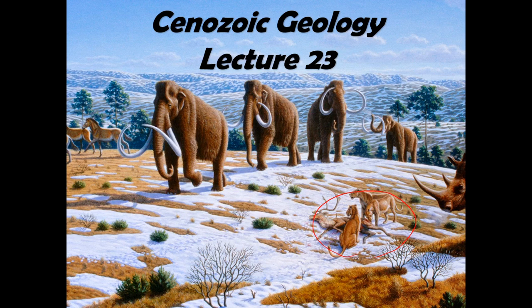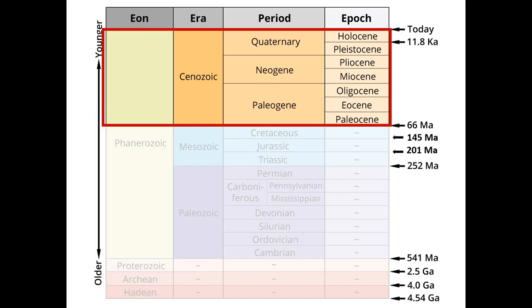You also see a lot of snow on the ground because we went through periods of time when a lot of the Earth's surface was covered with ice. Okay, those are during the ice ages, during the Pleistocene, and we might go back to a glacial period. We'll talk about that a little bit more later. But anyway, that's what we'll be doing today, a little bit about geology in the Cenozoic.